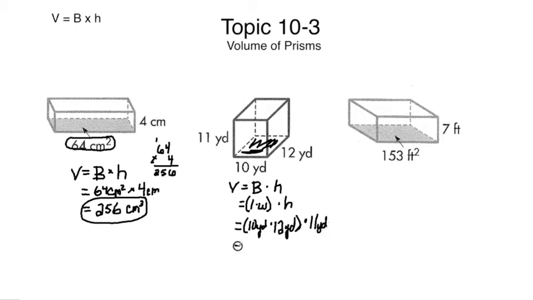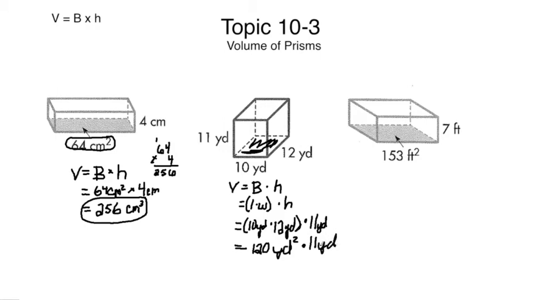Now we can chug. We do what's inside parentheses first. 10 times 12 is 120. A yard times a yard is a yard squared. See, they already gave us the base area, but not in this one. Now we bring down the height.